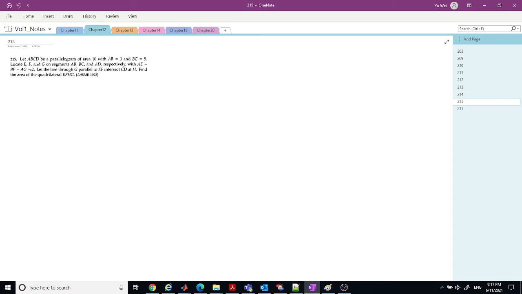Question number 215. So let ABCD be a parallelogram of area 10. Okay, so let's draw a parallelogram of area 10. Then we have the ABCD.